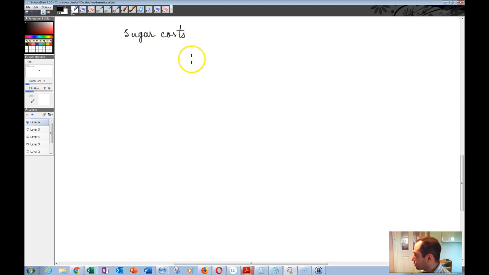I don't know what sugar costs in the US or wherever you live, but in Europe, usually sugar costs around 50 euro cents, or 50, 70, 80 cents per half a kilogram or so. So let's say that it costs $2 per kilogram.